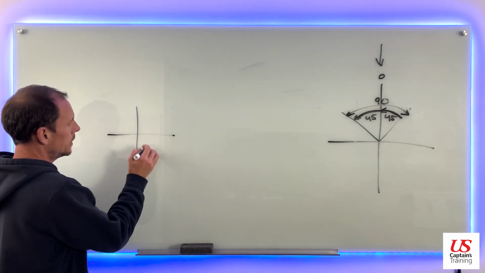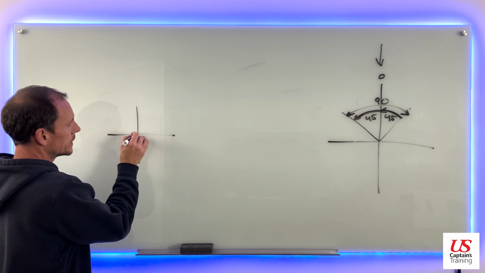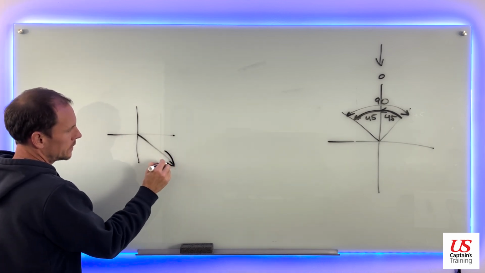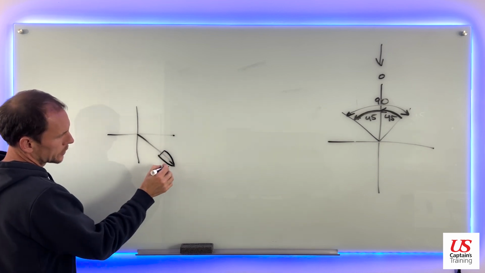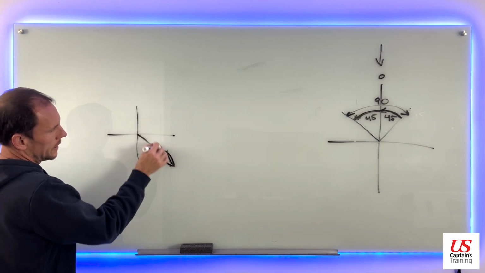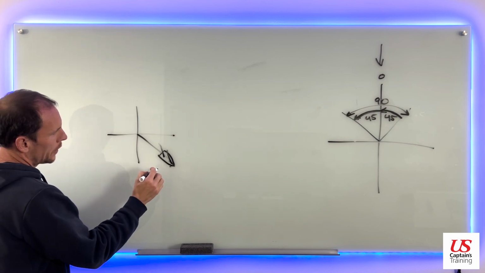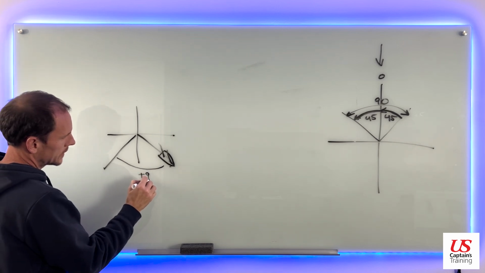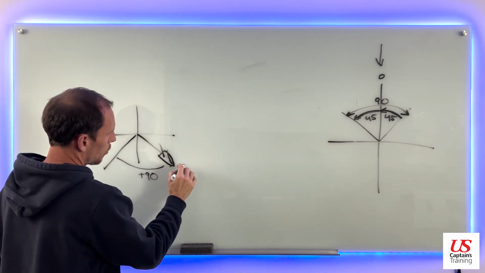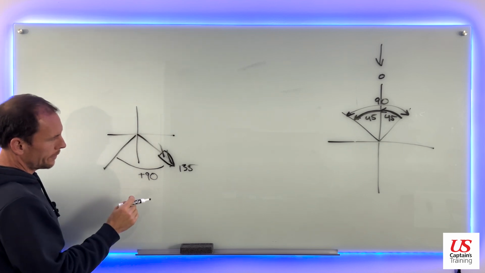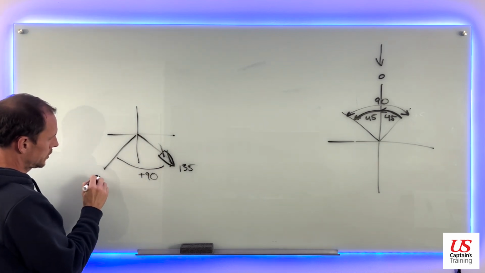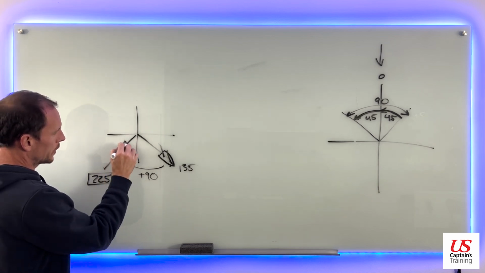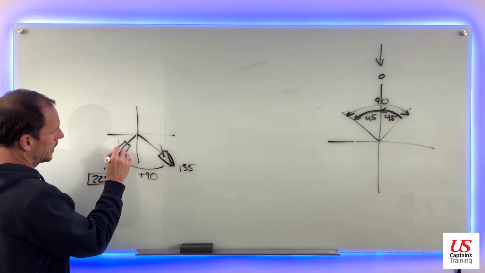So there's 180, 90, 45, and 90 is, we're like this. And here's our boat. Again, we're on starboard tack, so the wind is hitting the starboard side. There we are. And we are going to come all the way over here. We're going to plus 90 to our 135. 90 and 135 is 225. That's our new course. And we're going to be over here on a port tack.